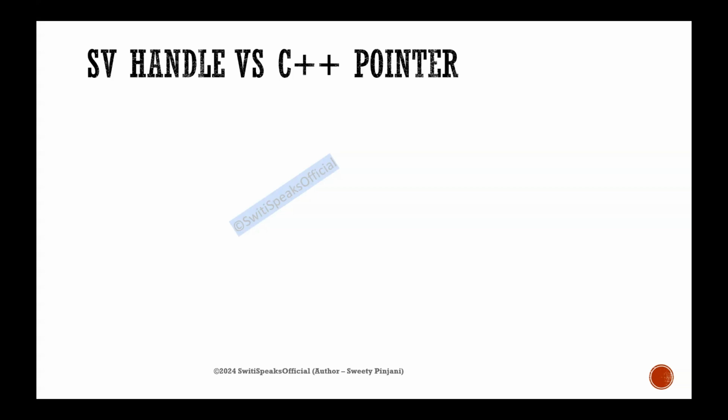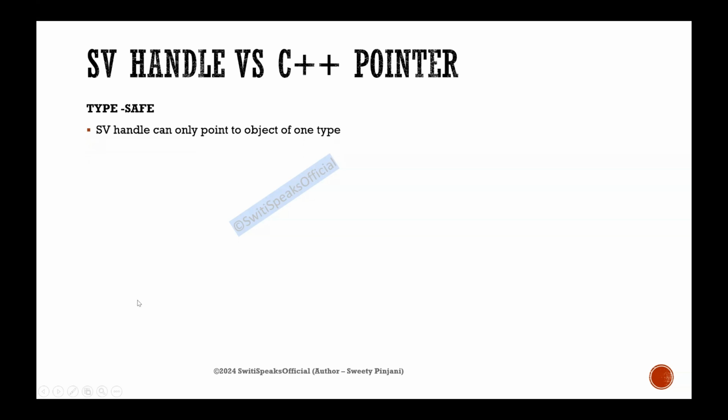Let's get started. The first difference is with respect to type. A SystemVerilog handle can only point to an object of one type. It can't point to any object which doesn't match its type.